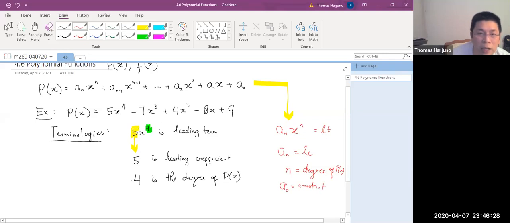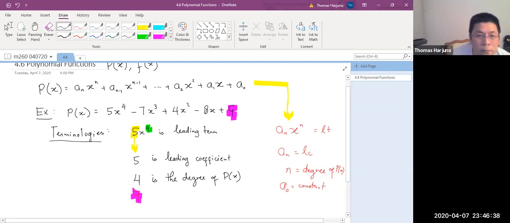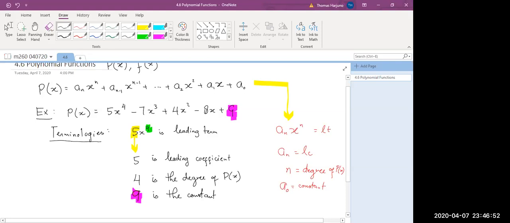So in this case, this 9 here is the constant. I think this terminology is not too hard, right? It's okay?